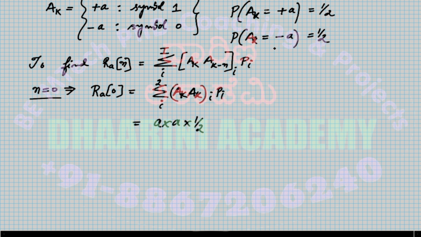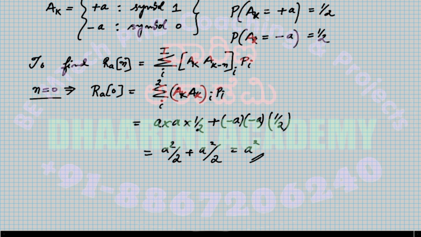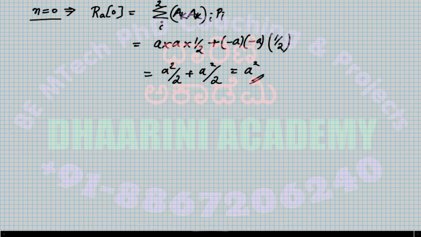The other possibility is minus A into minus A, that's for 0, again into the probability, that is half, right? So you can see that this is A square by 2 plus A square by 2. So that means it is simply A square. That's the case whenever n is equal to 0.